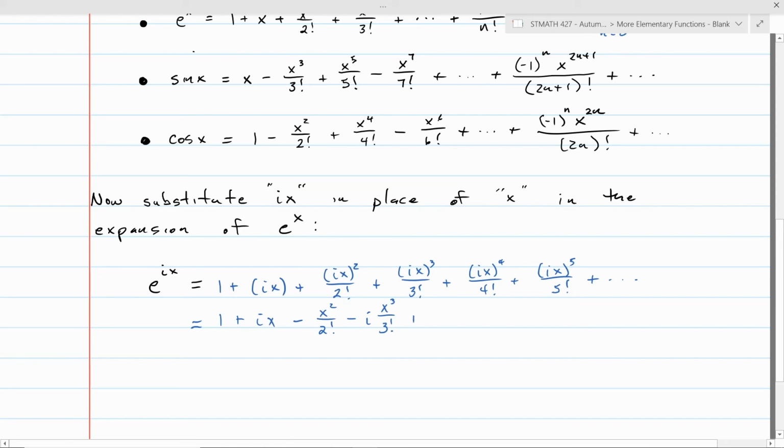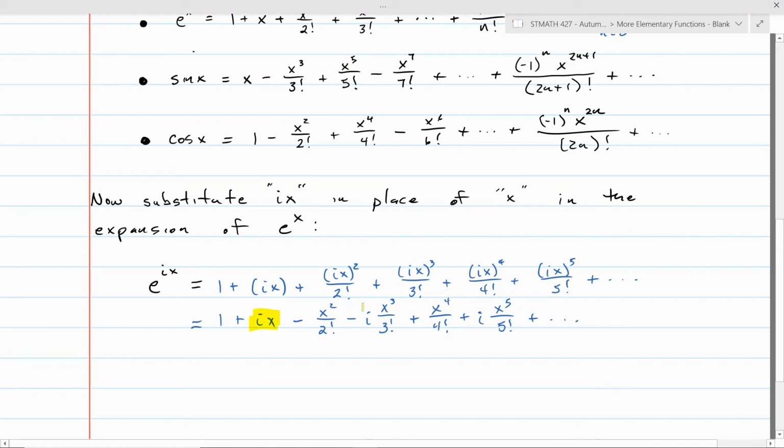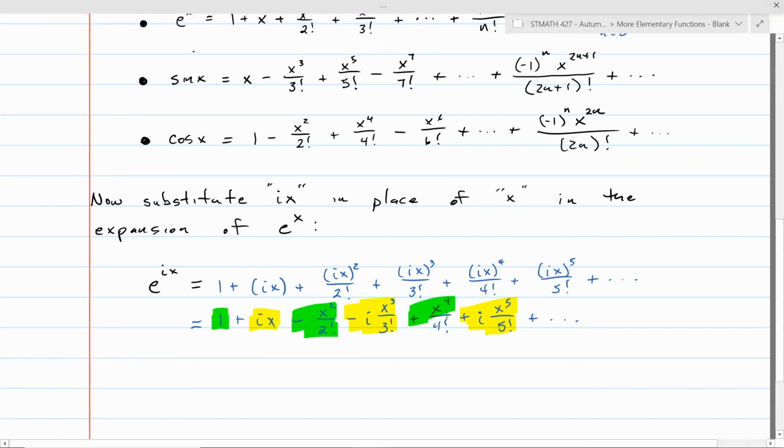Then you'd have a plus x to the fourth over 4 factorial. And plus i times x to the fifth over 5 factorial. And if you analyze what's going on, the odd degree terms here in yellow, you can kind of see a pattern to it. And similarly, you can see a pattern going on with the even index terms.